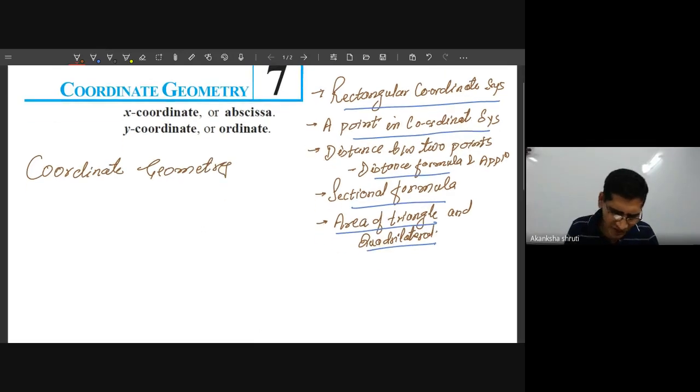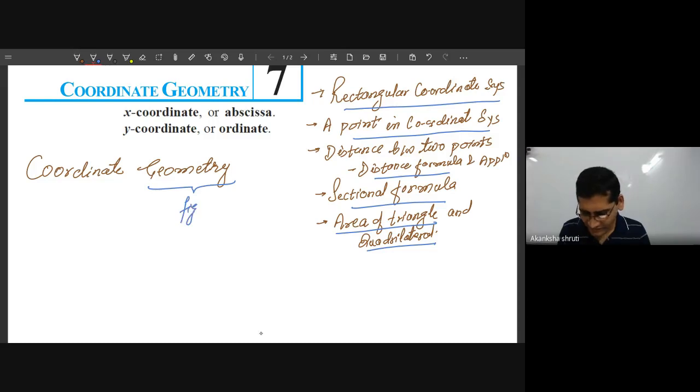Students, you have learned about geometry. What is geometry? Geometry is nothing but related to figure or shape.